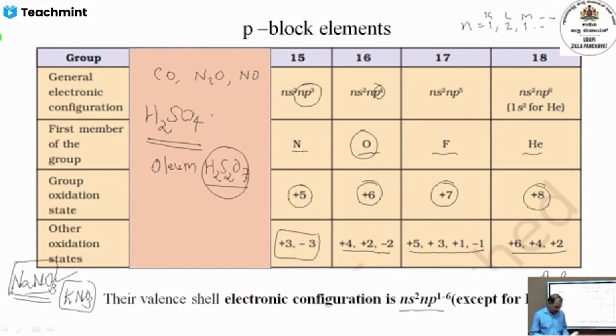And the next one is the properties of sulfuric acid. A very important property of sulfuric acid is that it's a strong dehydrating agent. Other than the acidic character, it is hygroscopic in nature and has the ability to even absorb the elements of water.